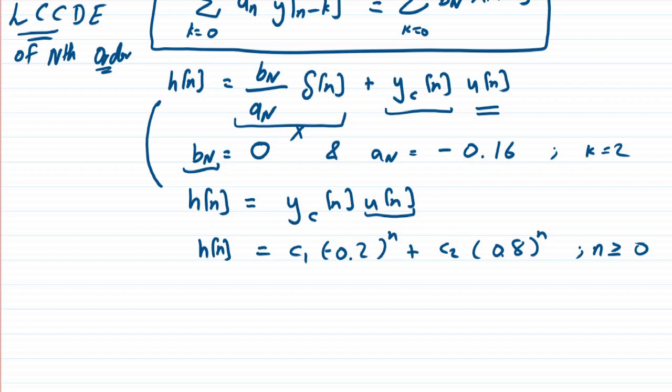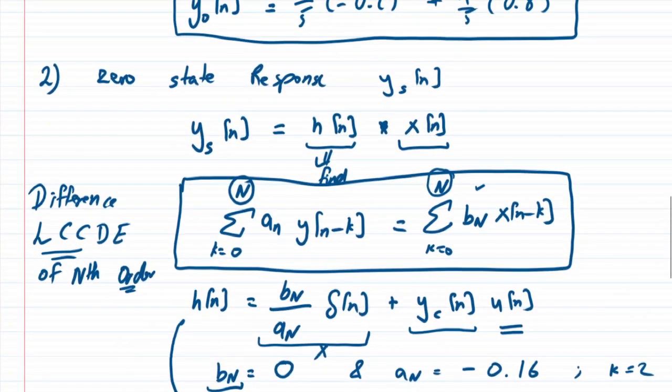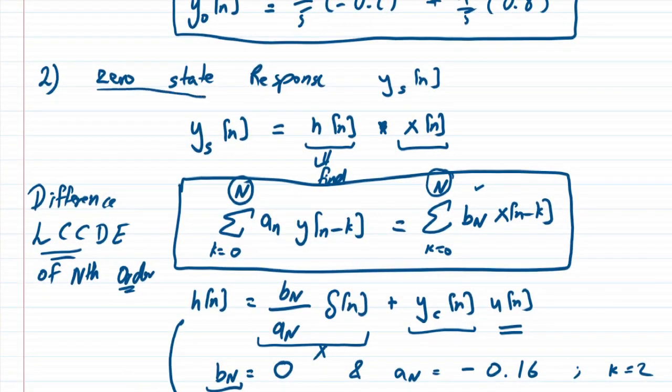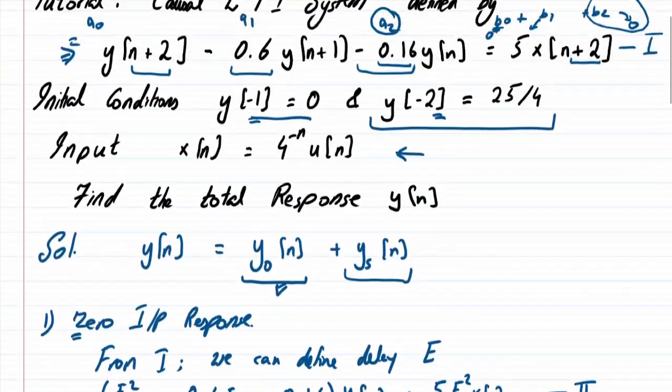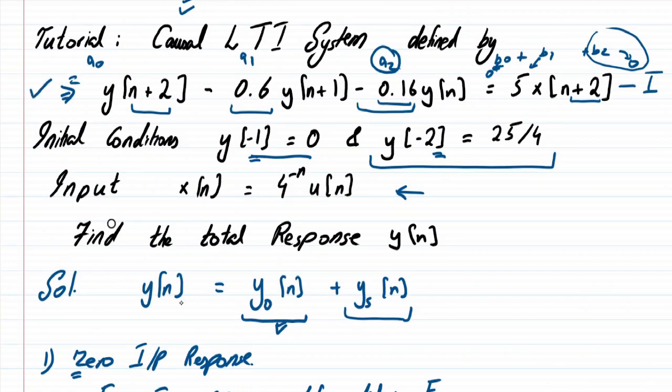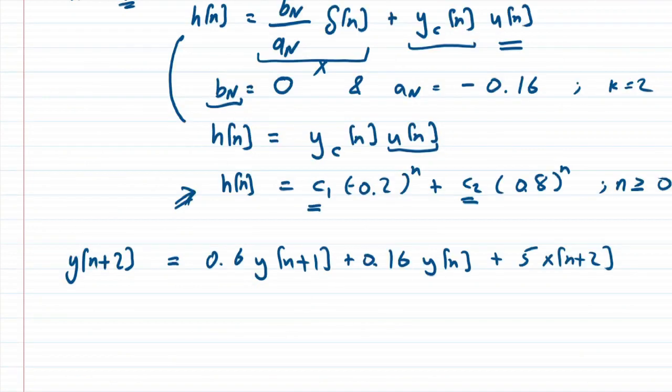Now again we have these two coefficients c1 and c2 that we need to find so that we can have the closed form expression of h of n. But note that we cannot use the states here because we are considering that the solution is a zero state response, right? So we cannot assume the states. So what we can do is rewrite the difference equation, which was over here again.